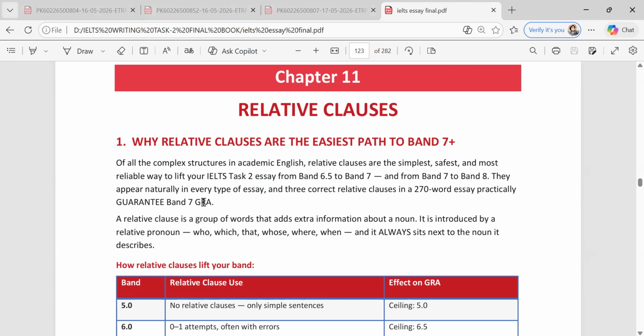They appear naturally in every type of essay, and three correct relative clauses in a 270 word essay particularly guarantee you a 7 plus band in IELTS GRA, grammatical range and accuracy.